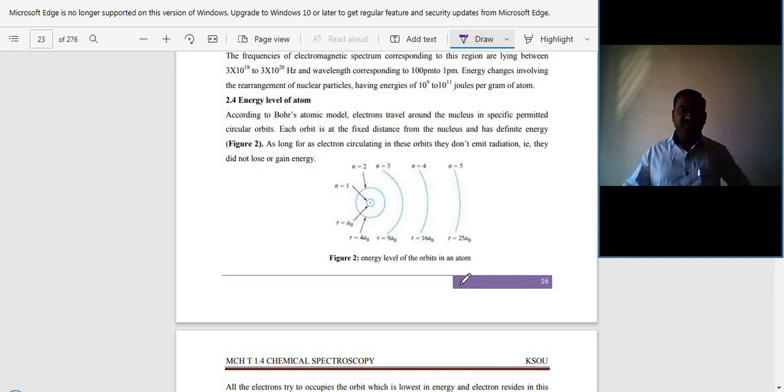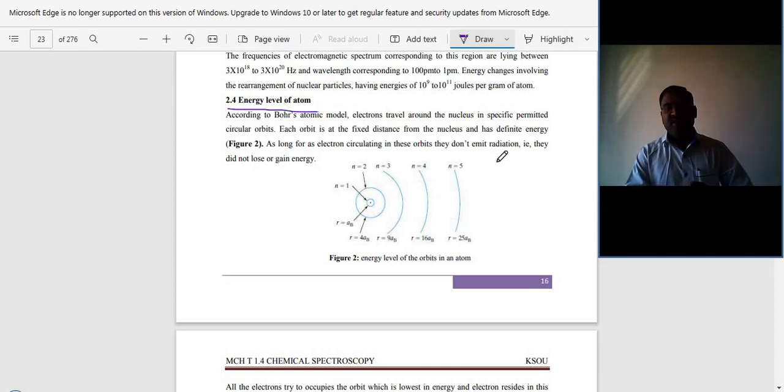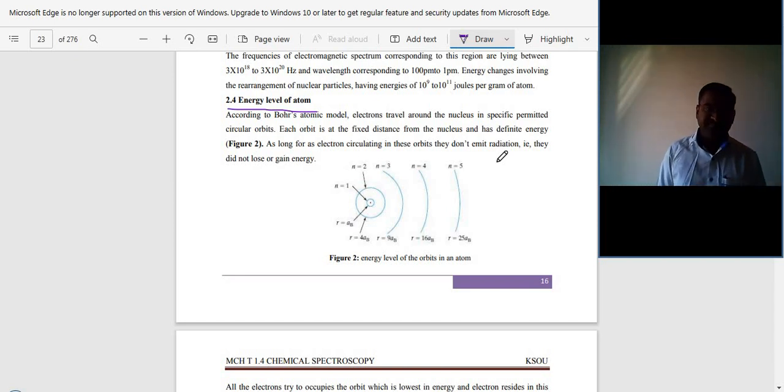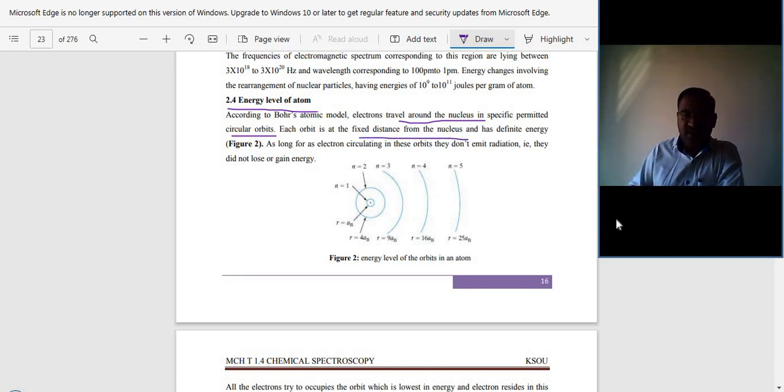Now I am going to discuss Bohr's atom and the energy levels of an atom. According to Bohr's atomic model, electrons travel around the nucleus in specific permitted circular orbits. Each orbit is at a fixed distance from the nucleus and has definite energy.